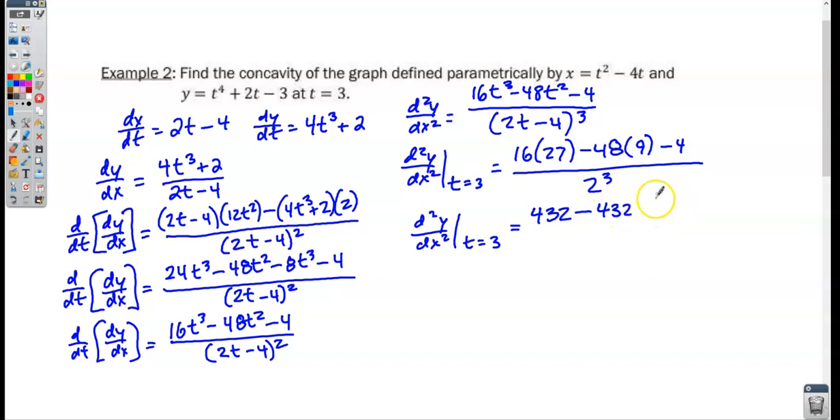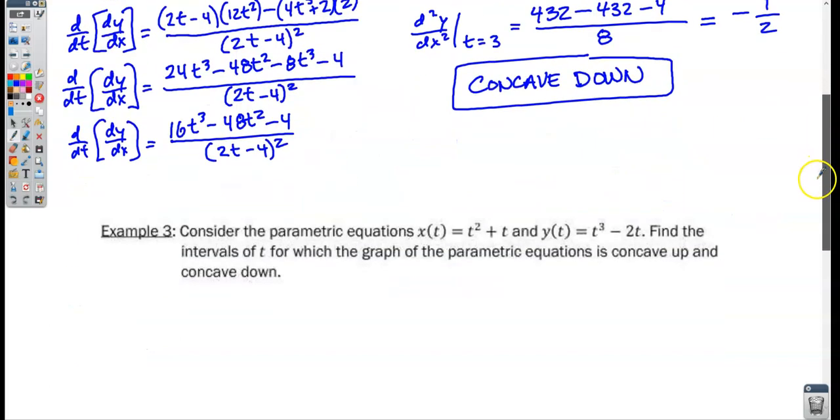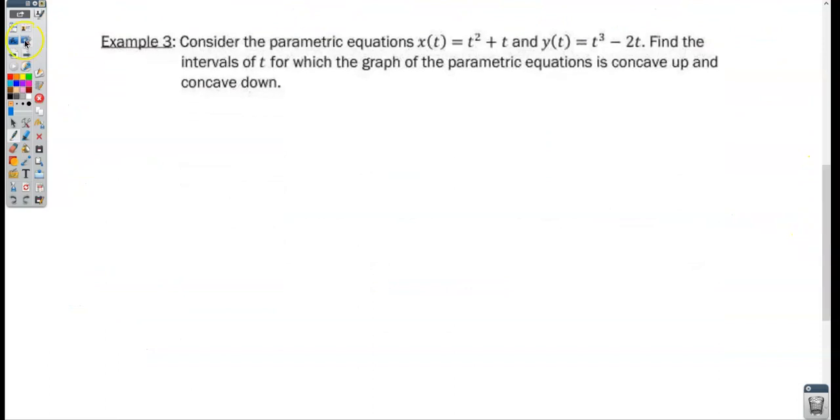Seriously? Yeah, that makes perfect sense. And we end up with this value being negative 1/2 at t equals 3. Therefore, since the second derivative is negative, this is going to be concave down at that point. All right, let's go ahead and we'll move on to example 3.